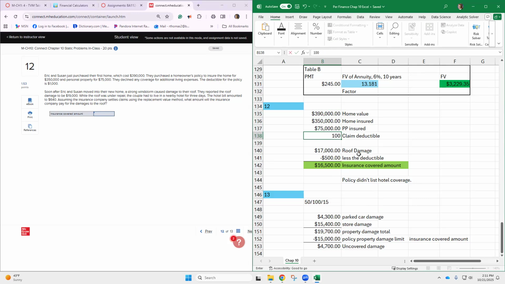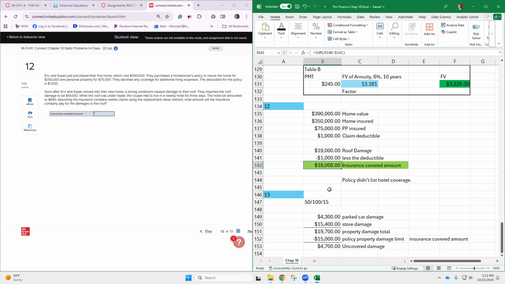They have a $1,000 deductible. Okay. Soon after Eric and Susan moved into their new home, a strong windstorm caused damage to their roof. They reported the roof damage to be $19,000. So I'm going to put $19,000 there. And then we're going to subtract our deductible of $1,000.